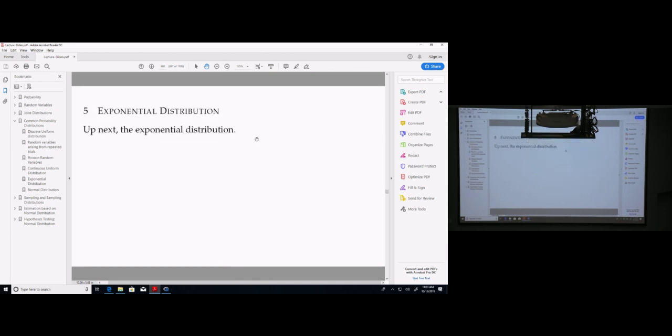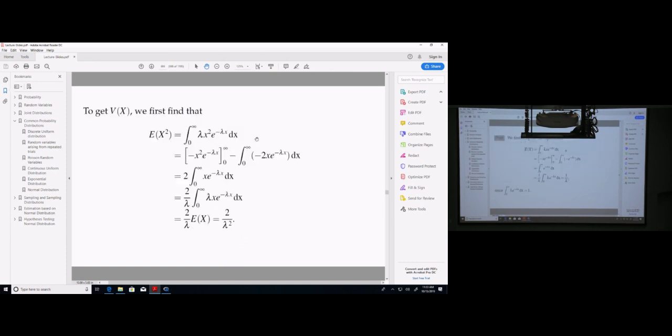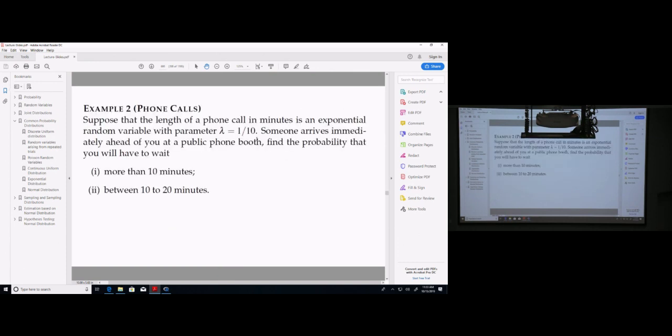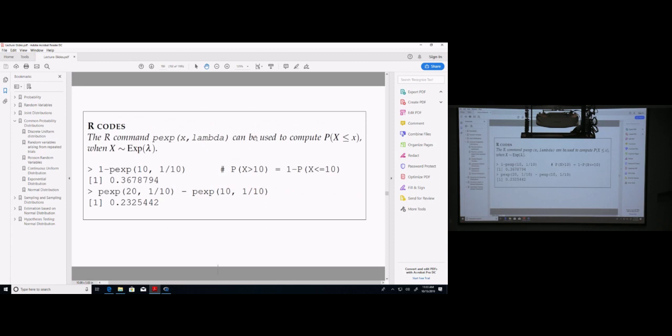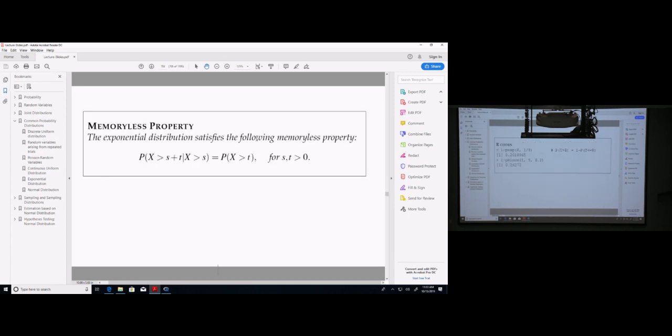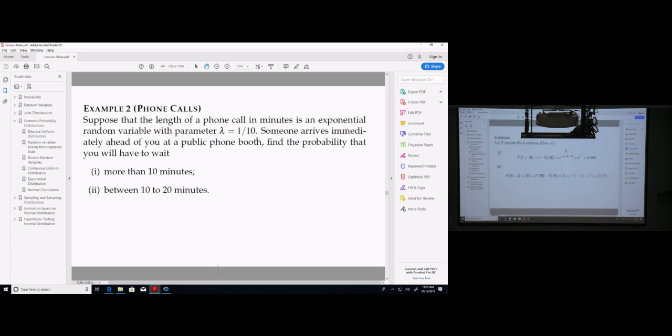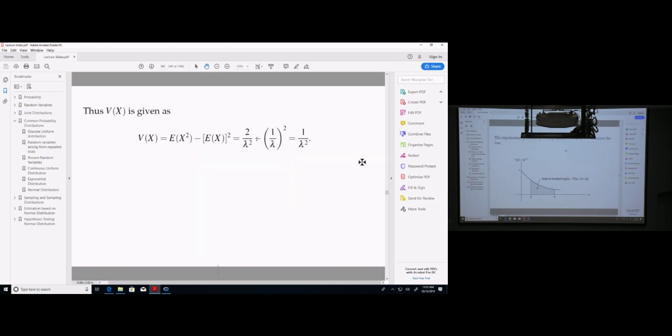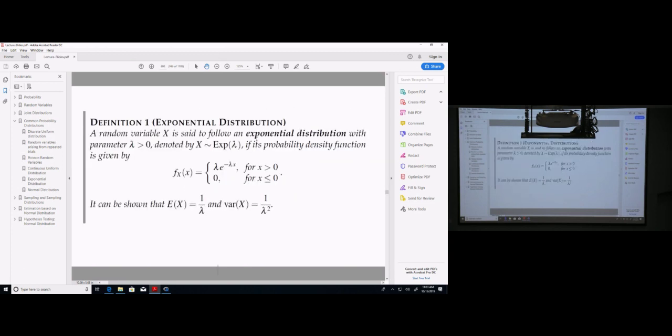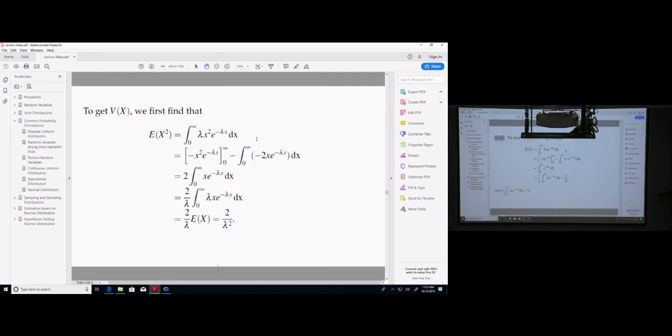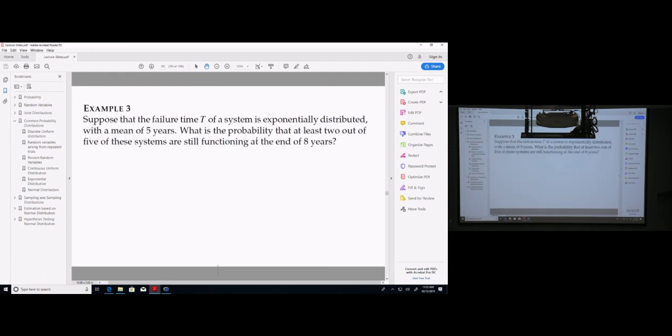Exponential distribution. I'll try to go over it, and maybe I should stop here. I will talk about the exponential distribution on Friday, and also the normal distributions on Friday.